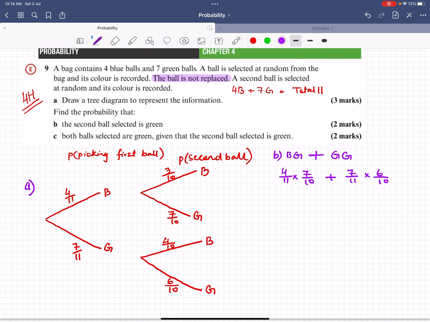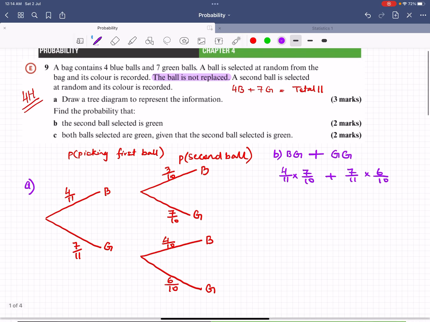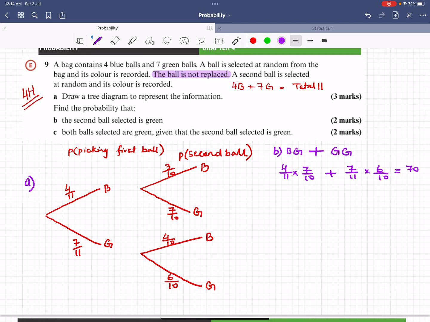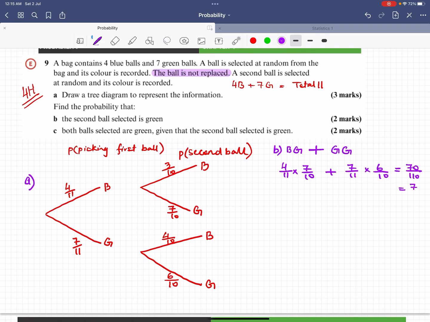And when we add that, we get the answer as 70 over 110. We can also simplify 70 over 110 to give us 7 over 11. Moving on to the next part, part C.